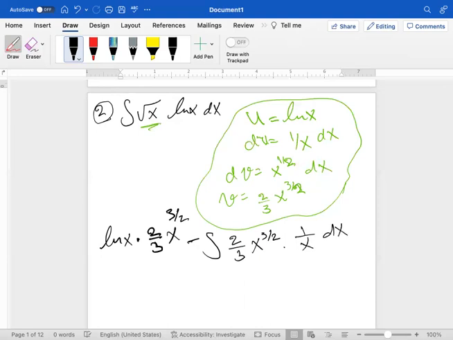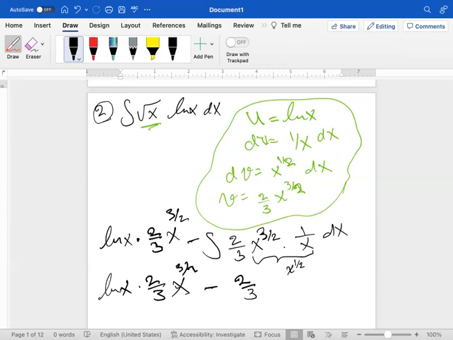Well, x to the power 3 over 2 divided by x will simply become x to the power 1/2. Then this one is going to stay the same, times 2/3 x to the power 3 over 2, minus 2/3.